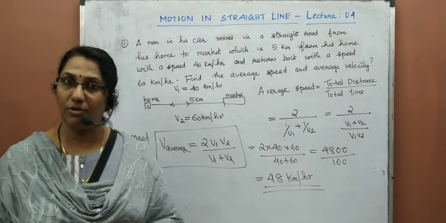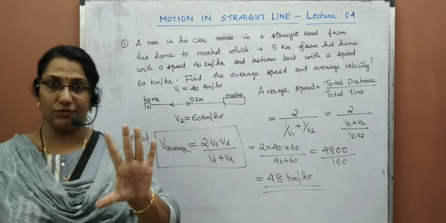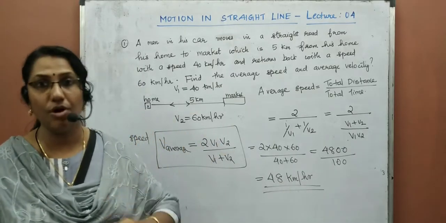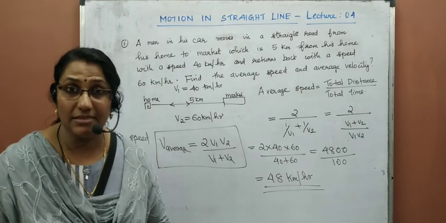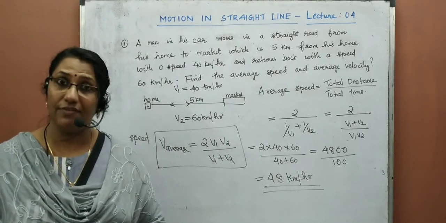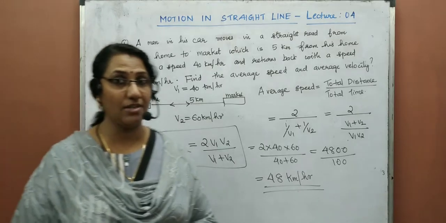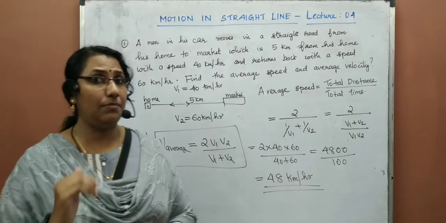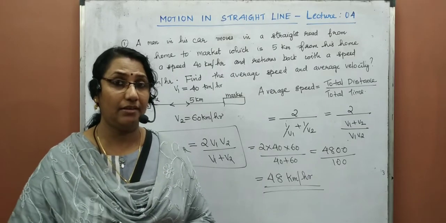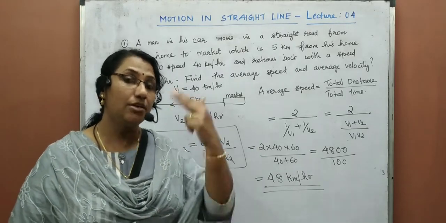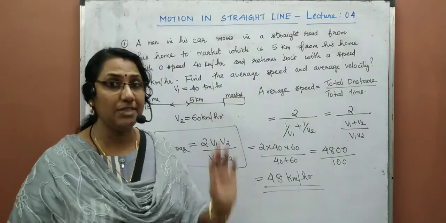Is there any doubt? From home to market it is 5 kilometers, from market to home again 5 kilometers, that is, equal distances travelled with unequal speeds. The equation was n by (1 by v1 plus 1 by v2 plus up to 1 by vn). Here there are 2 equal distances, so 2 by (1 by v1 plus 1 by v2).